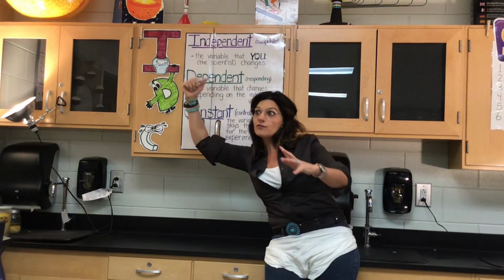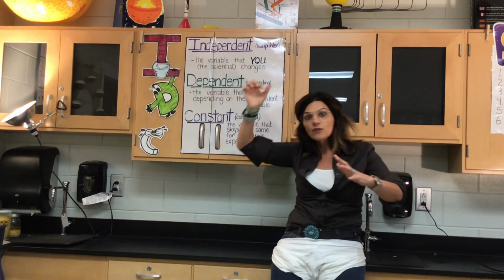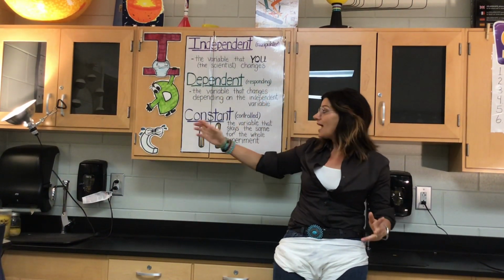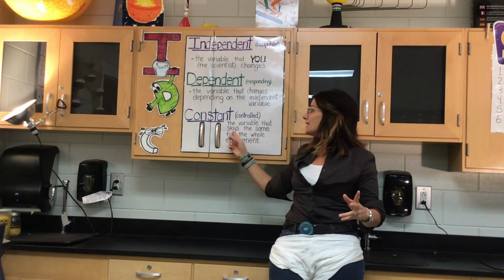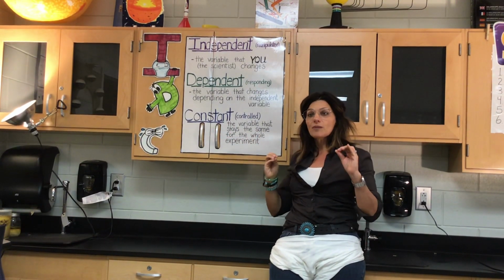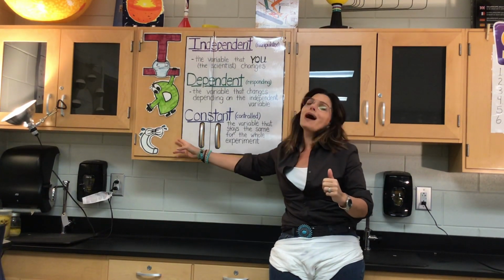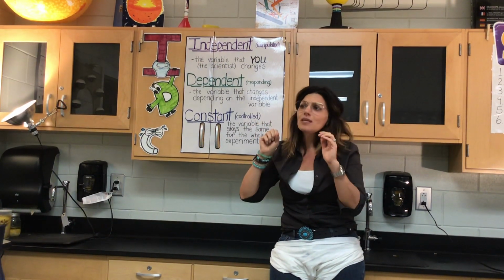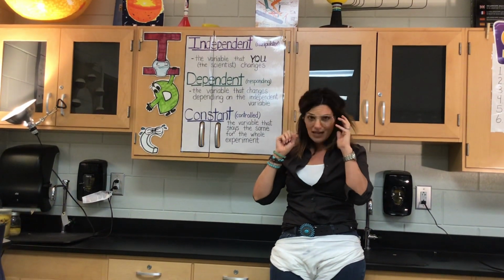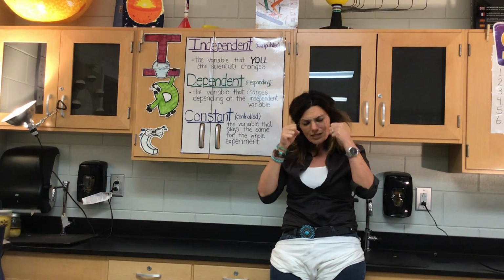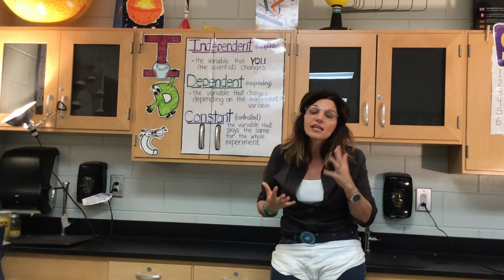As the independent variable changes, the dependent variable is going to change. And the constant variable has to stay the same. You've got to have something that you don't change. And he's crying because crying begins with a C and constant begins with a C. So the constant variable cries because he doesn't get to change.